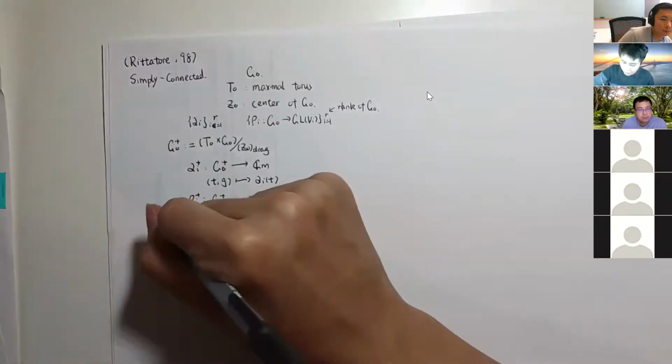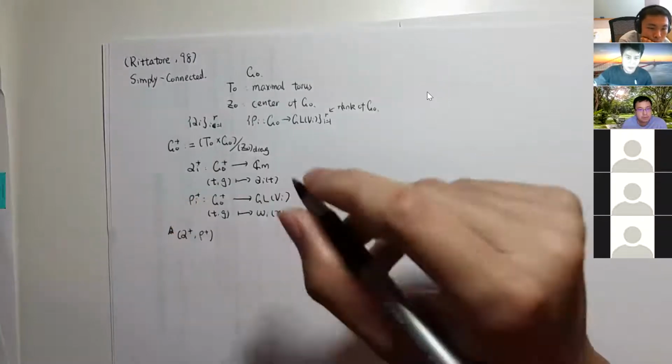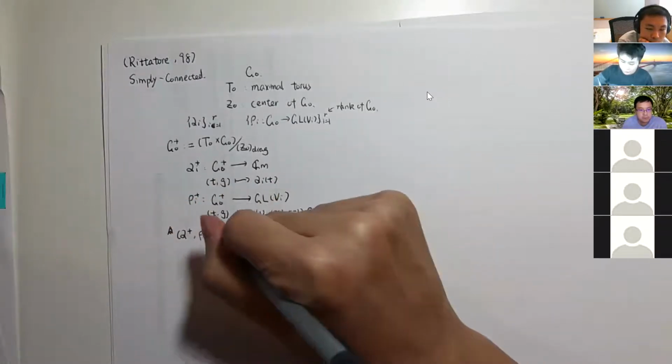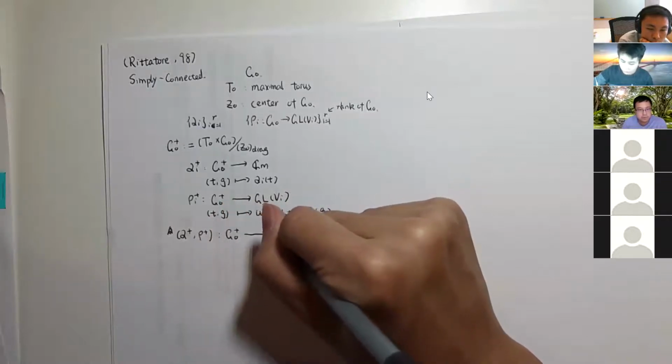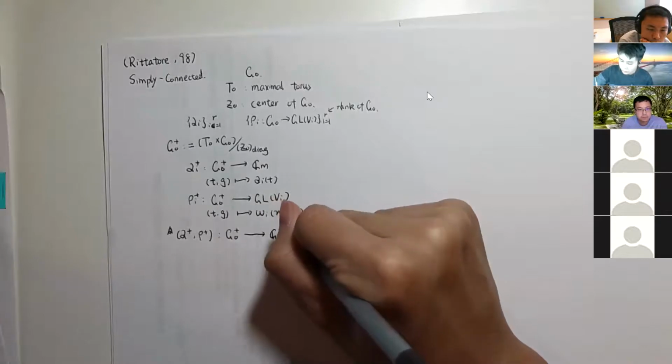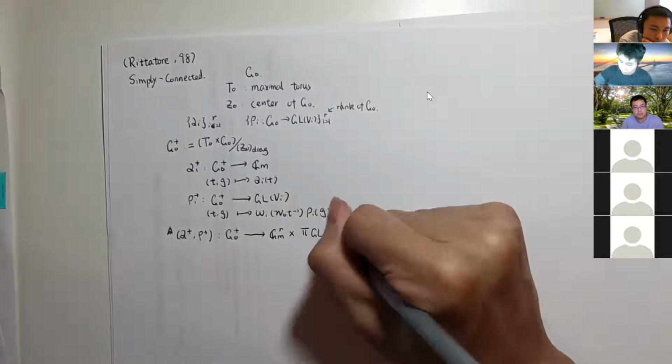Altogether, we get the following map: alpha plus, rho plus, which is the product of all these maps, from G0 plus to G_m^r times the product of the GL VI.